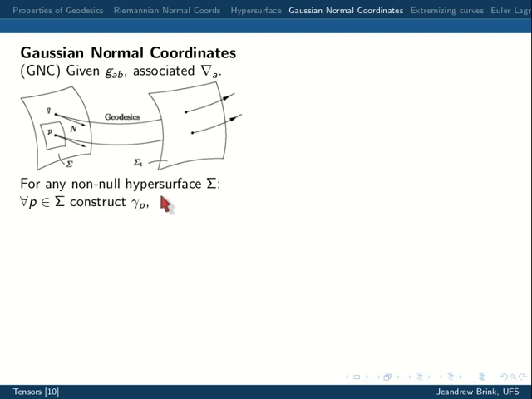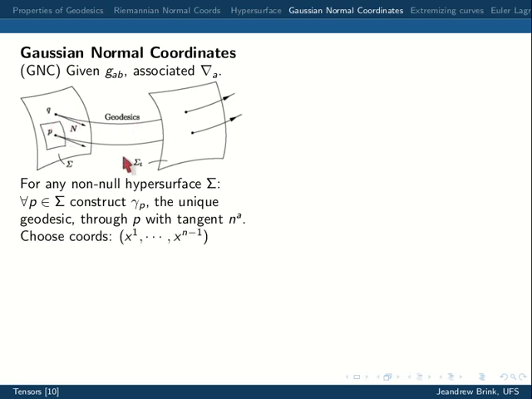Okay, so for all points in sigma, construct gamma_P, which is the geodesic that goes through the point, okay, and has the tangent vector associated with the normal vector. So these things are simply your geodesics. And then choose coordinates on sigma, in other words, the n-1 coordinates on sigma.